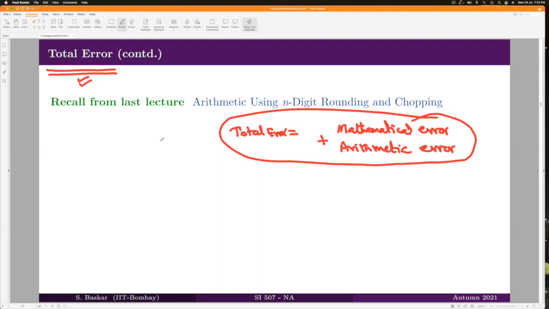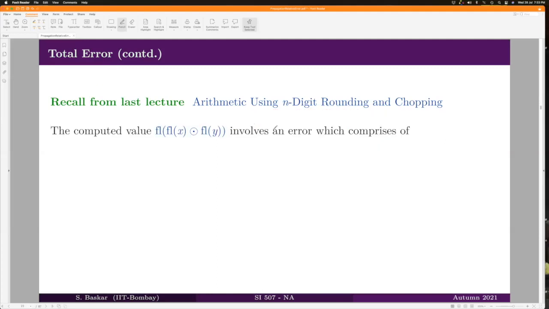Let's recall in the last class, we have seen how a computer does arithmetic operations with n-digit rounding or chopping. You give two numbers, x and y, and you want to do any operation with x and y. What the computer does is first it takes the approximation of x, which we call the floating point approximation, and it takes the floating point approximation of y.